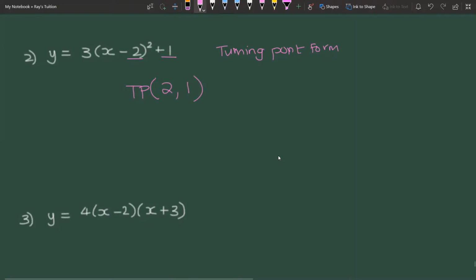Does this graph have a minimum or maximum? So our a is equal to 3, which is positive, so that means it's got this shape and it's got a minimum. So the minimum occurs at 1, and here from the x coordinate, x is equal to 2, that is the axis of symmetry.